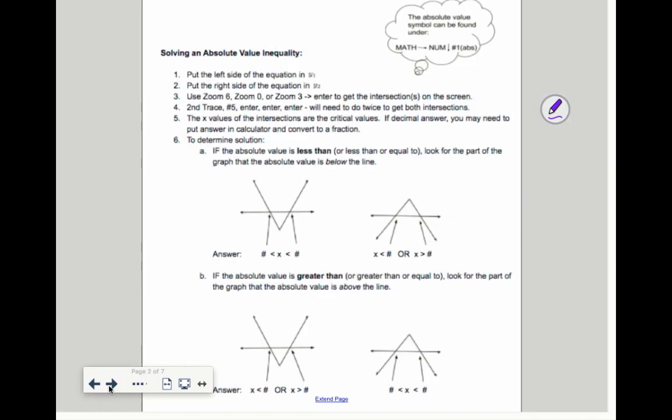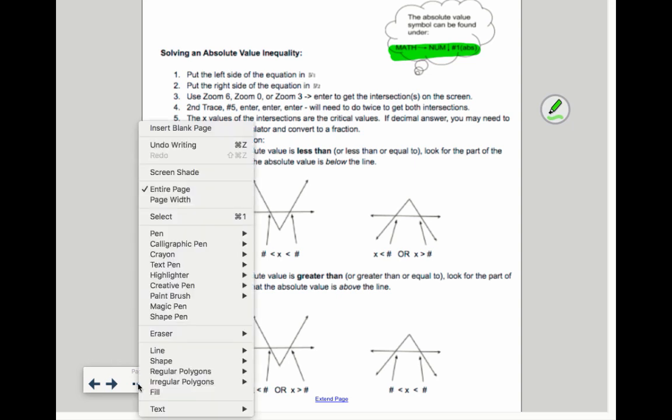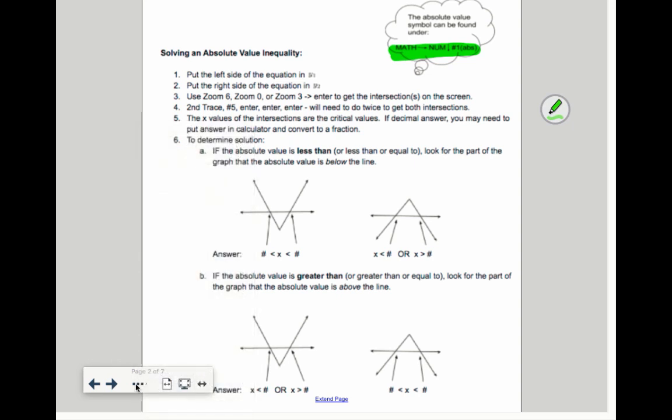So solving an absolute value inequality, a lot of this is going to be very similar to what you already know. Remember, the absolute value can be found under Math, Num. You should all know where that's at this point. You're going to put the left side of the equation in y1 and the right side in y2, and graph.